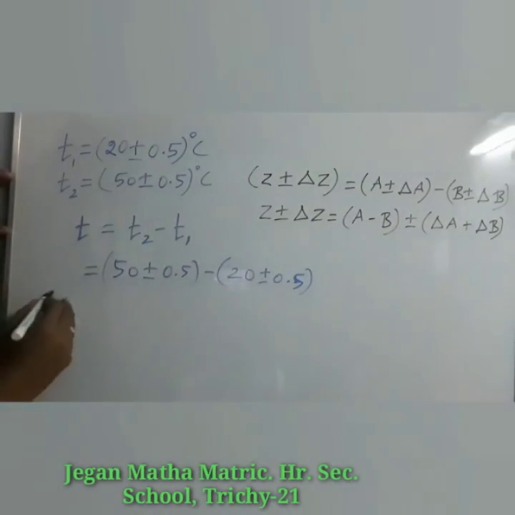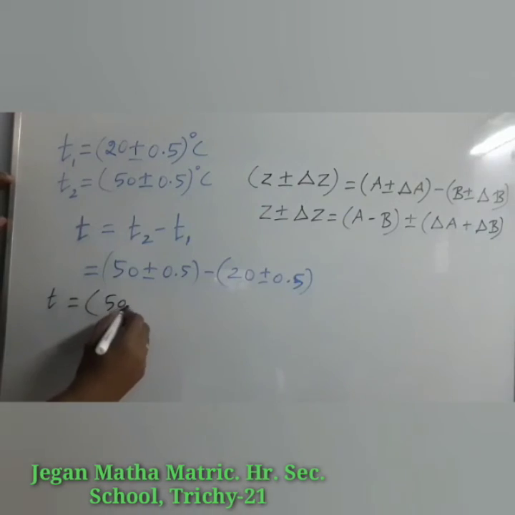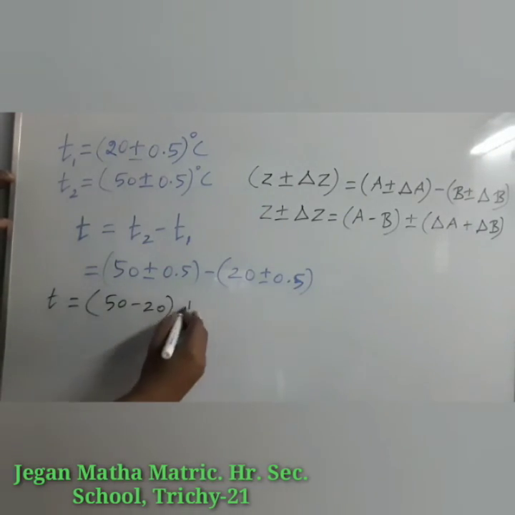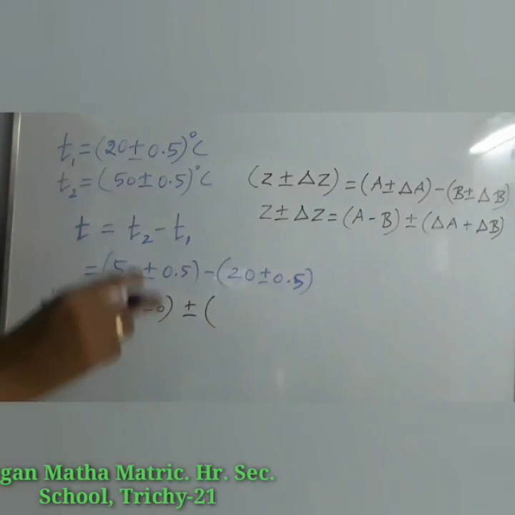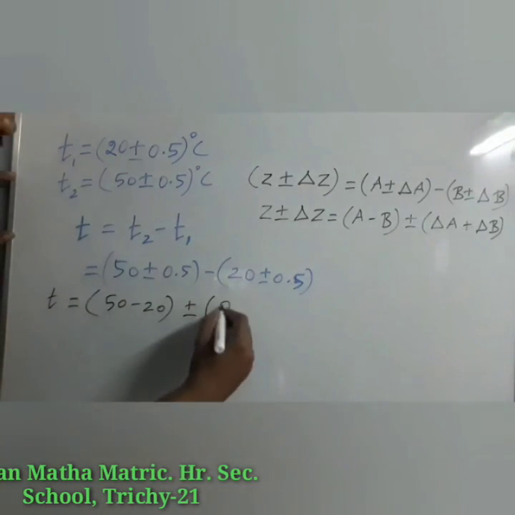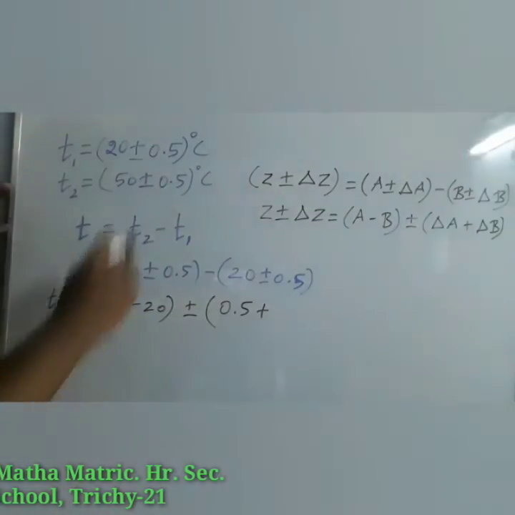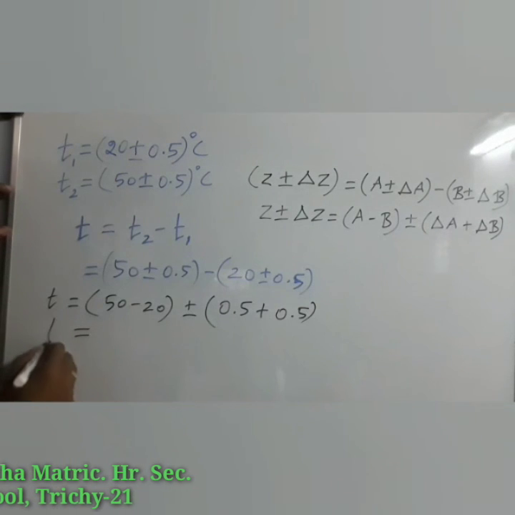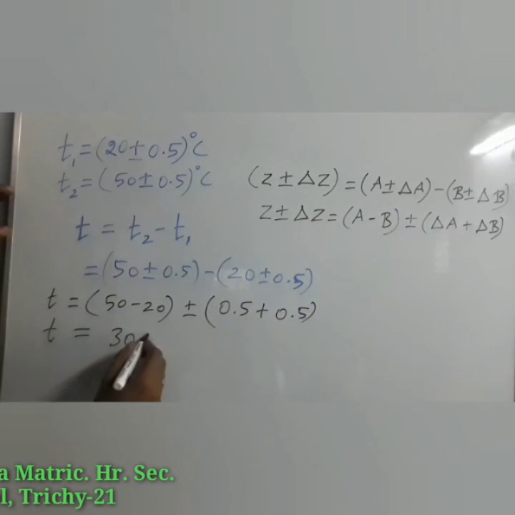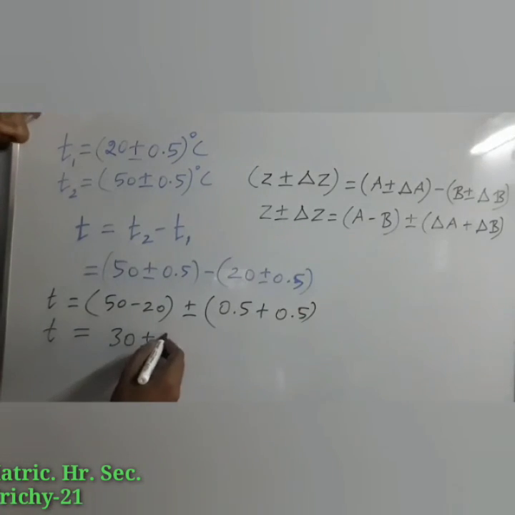So as it is, you can substitute the values A minus B. So here 50 minus 20 plus or minus, what is del A? Error in the first measurement. So 0.5 plus, what is del B? Error in the second reading. So that is also 0.5. T is equal to 30 plus or minus 0.5 plus 0.5, that is nothing but 1.